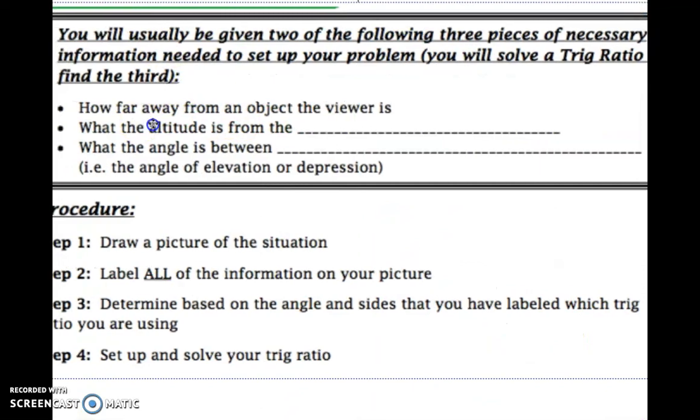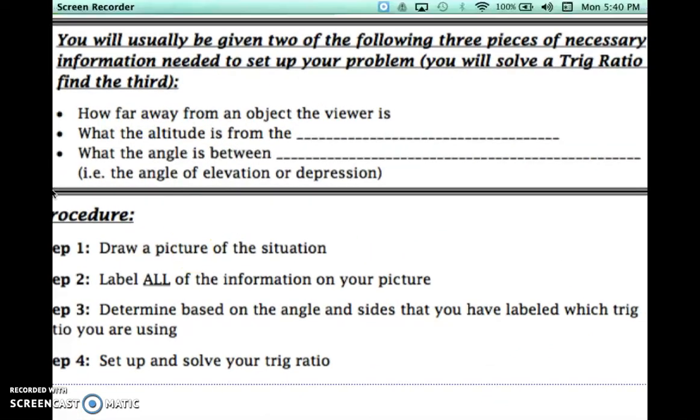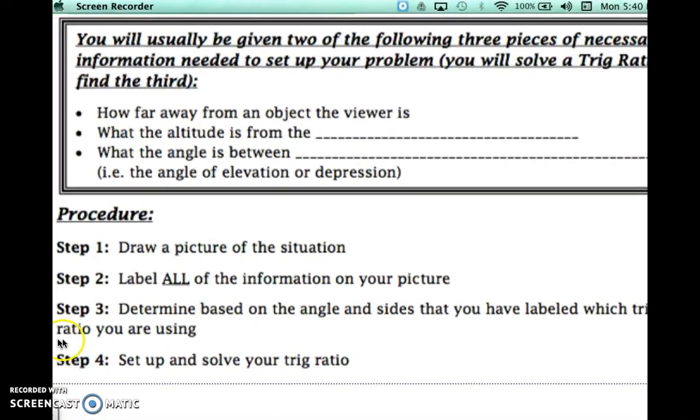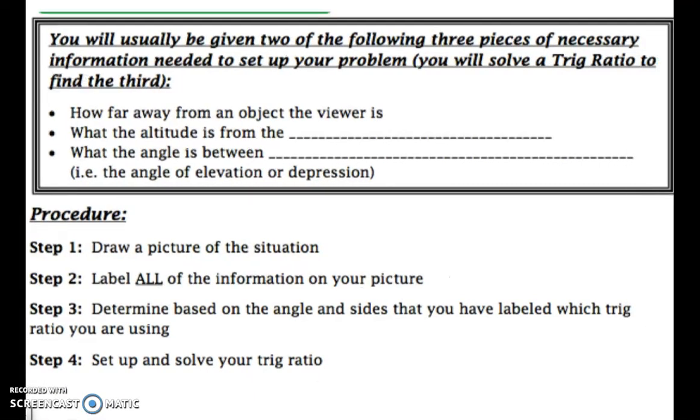So first off, you are going to be given 3 pieces of information, and you're going to have to find a missing piece. So you could be given how far away the object from the viewer is. You could be told what the altitude is from the ground to the object.